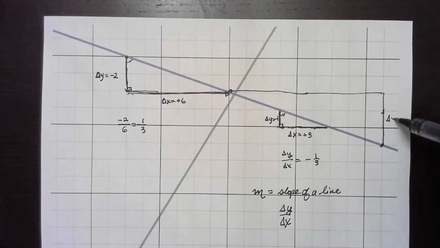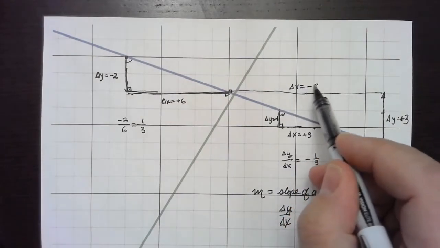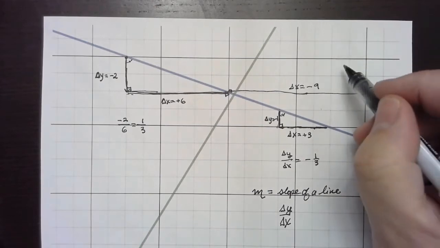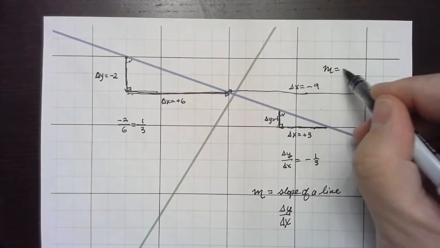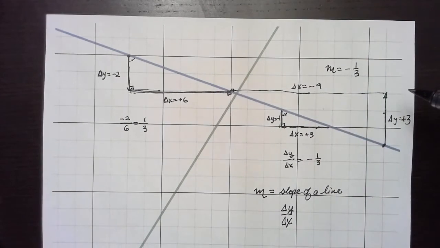Now my change in y is positive. It's plus 3 because I moved up 3. But my change in x is going to be negative. I went to the left 9. And so the ratio, positive over negative, is going to be still a negative number. You're always going to get the same ratio. Here it's going to be minus 1/3.